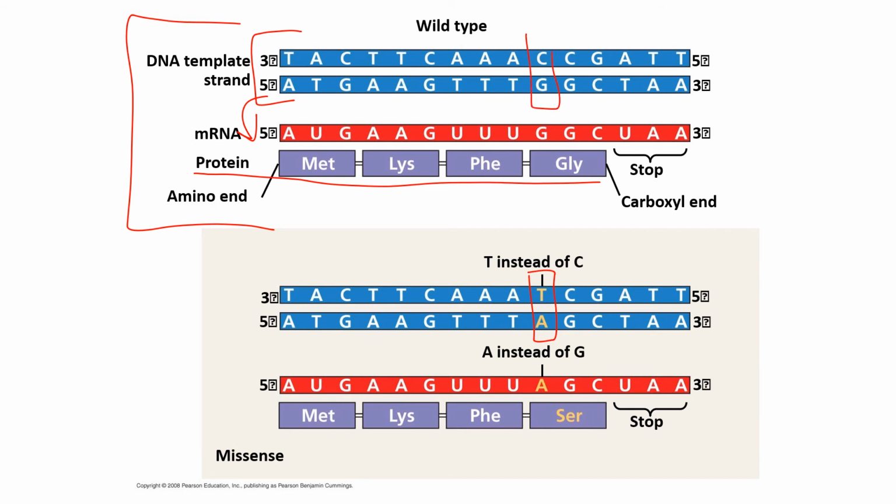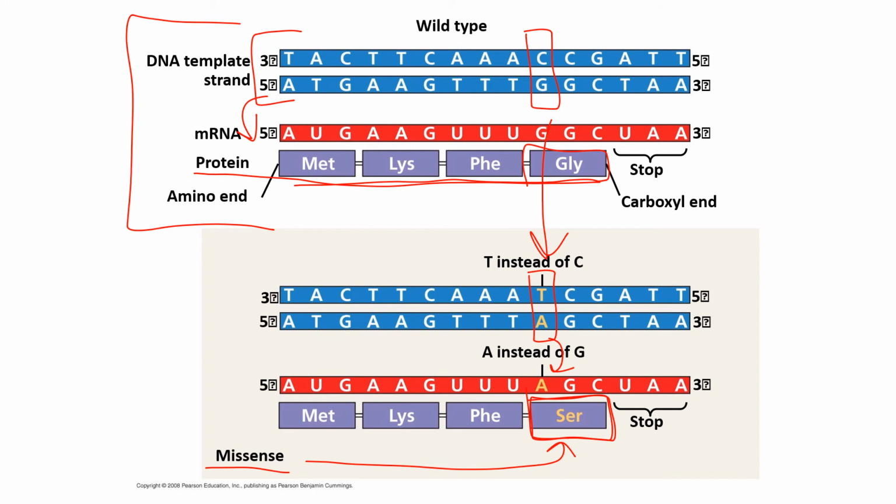This was the normal wild type base pair, and now it has been mutated. Once you go through translation, it creates a change in the amino acid sequence. Originally the protein ended with glycine, and now it ends with a serine. This is called a missense mutation. One of the amino acids in the protein has now been altered.